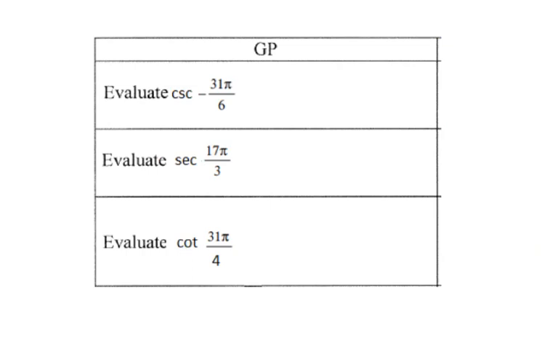Let's do more examples. This time, let's talk about minor trig functions. For cosecant, you need to figure out the major trig function, sine of negative 31 pi over 6. Then I can take the reciprocal of this value and get the cosecant. For negative 31 pi over 6, 31 divided by 6, you will get 5 point something.